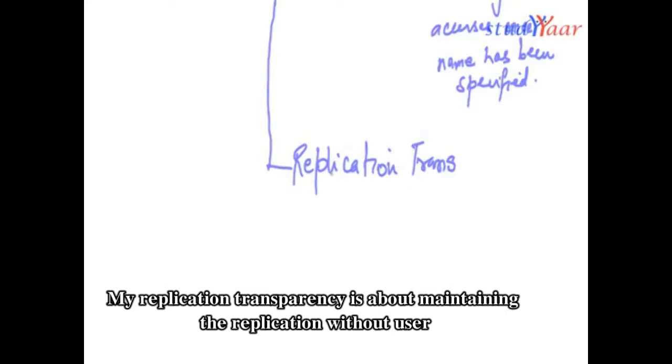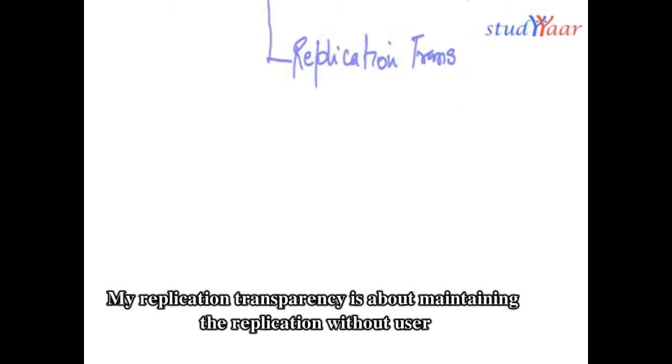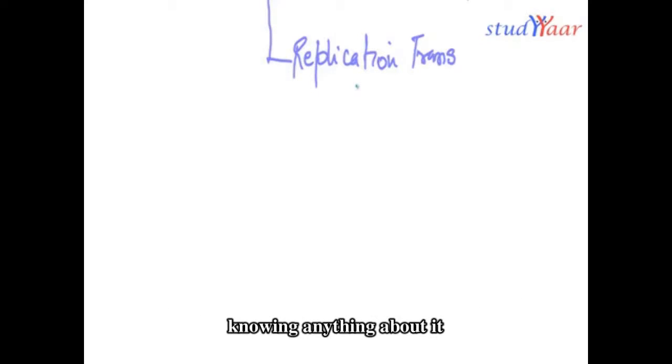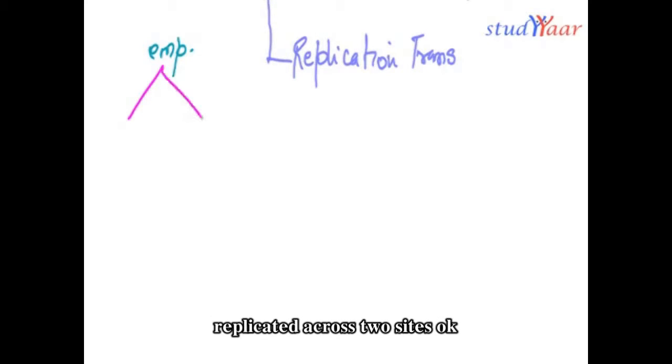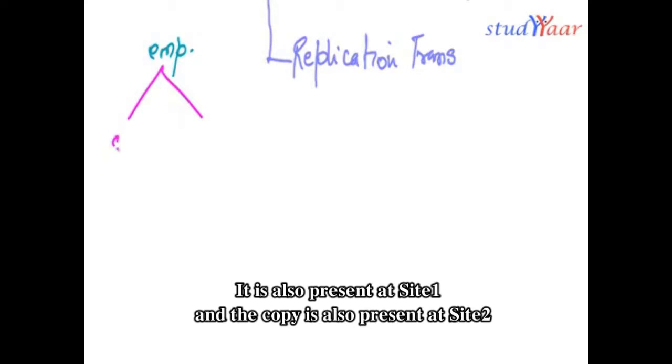Replication transparency is about maintaining the replication without the user knowing anything about it. Let's suppose I have an employee table and that employee table is replicated across two sites. It is present at site 1 and a copy is also present at site 2.